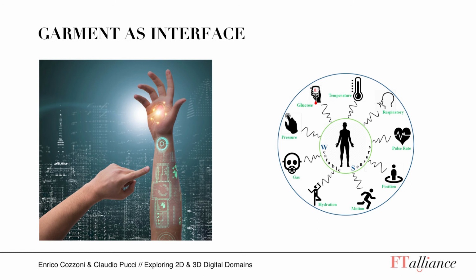It can be protective, for example, a sort of protective interface, like the interface that you will see at the end of this video. So garment as interface has different possibilities of products inside this term.